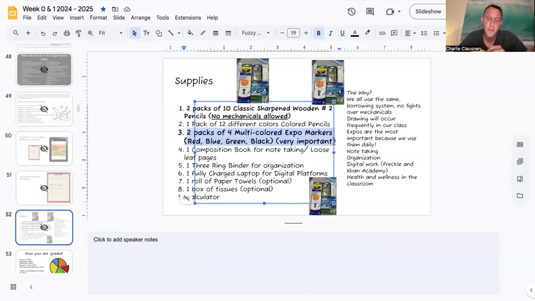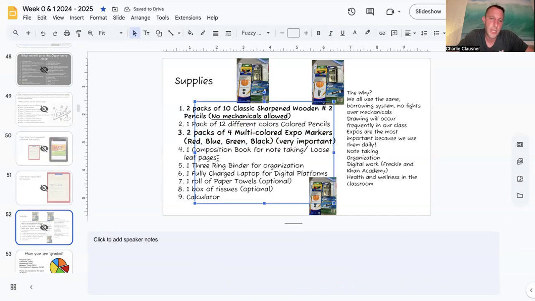If I cold call and ask, all right, what's 7 times -4? I'll have four students raise their hands out of 20. So it's just not a really good indication of who actually knows. So it's that immediate feedback and check for understanding. So I use whiteboards, and I just make sure that they bring their own expos.